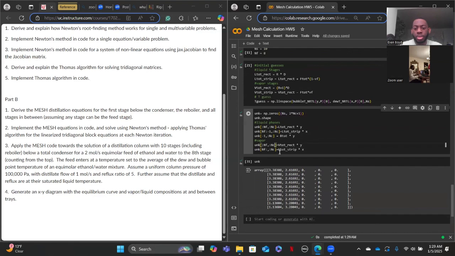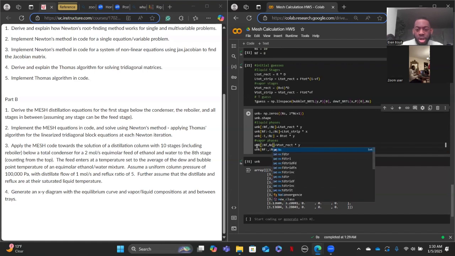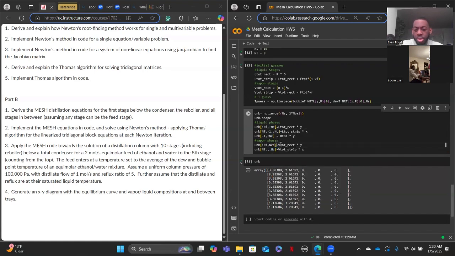Oh, that's why. I'm sorry. We do have to make a change to this, because it's just capturing only the first two columns, but now we need to capture column three and column four for the vapor phases. So what we need to do is start from our second stage, our second column, and go to our last point here.